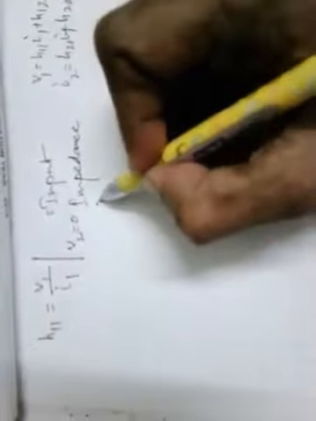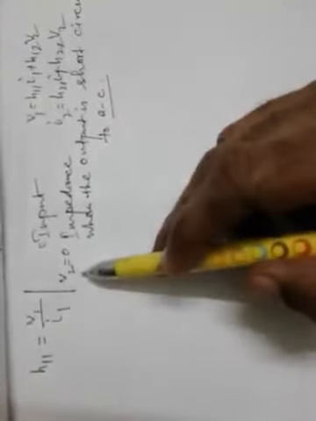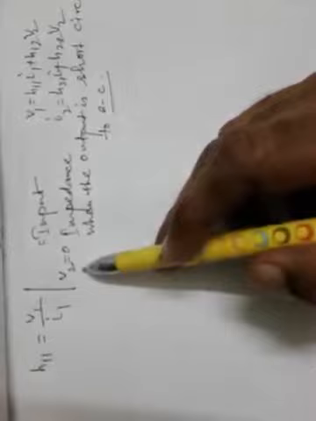So this is representing input impedance when the output is short circuited to AC. When the output is short circuited to AC signal, that means we are just making the output port shorted, and once a port is shorted we can write its corresponding voltage V2 as 0.